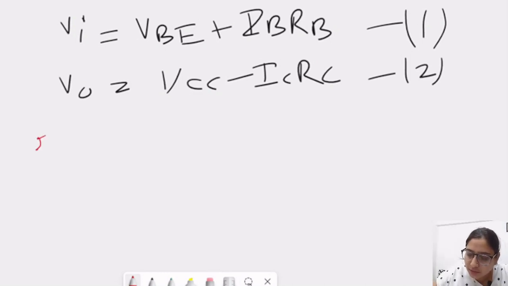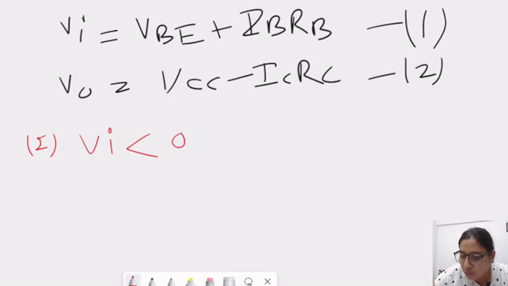So the first condition we have is Vi, which is the input voltage, smaller than the knee voltage or the cut-in voltage for the transistor, which is 0.7 volt in case of silicon and 0.3 in case of germanium. Here we assume that we are using the silicon transistor. So 0.7 volt is our cut-in voltage.